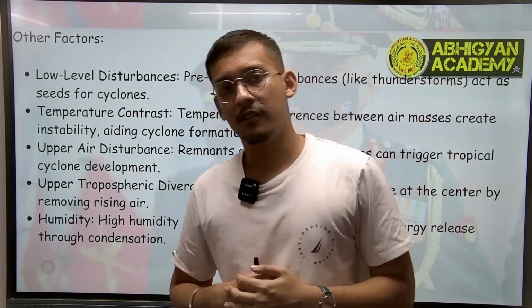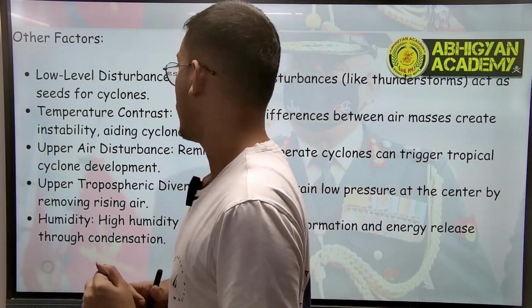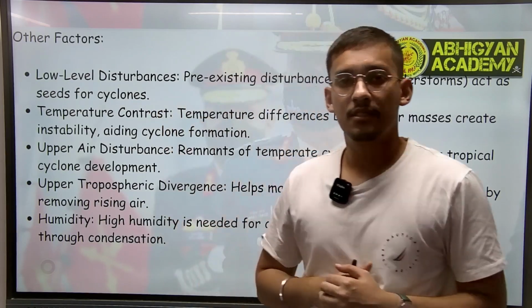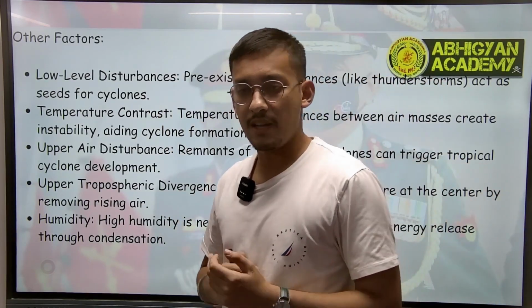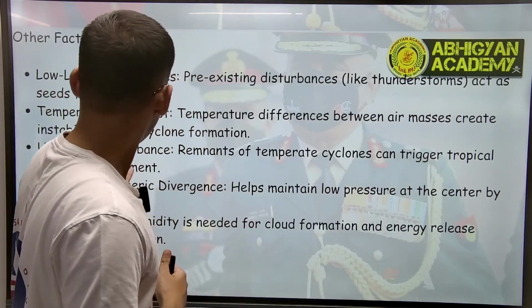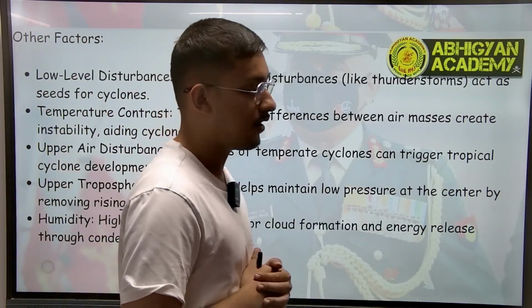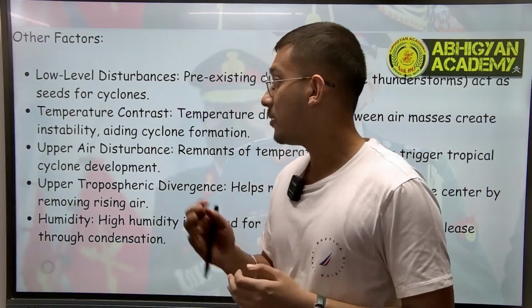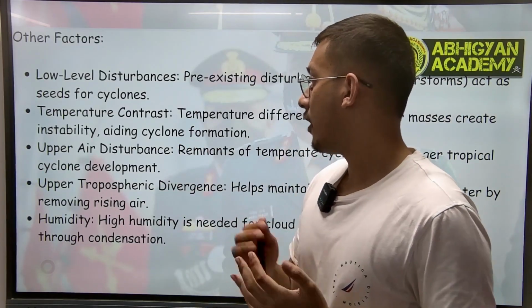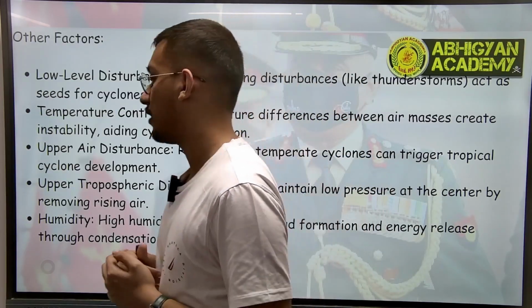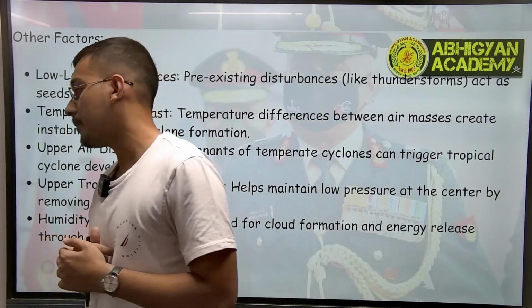Now we'll come on to a few other factors. So what are the other factors? Firstly, we have low level disturbances. It's nothing but thunderstorms. So if there is thunderstorm happening, of course there will be cyclones. Then we have temperature contrast. If there is a huge difference between high temperature and low temperature, then cyclones form. Then we have upper air disturbance. So remnants of temperate cyclones can trigger subtropical cyclone development.